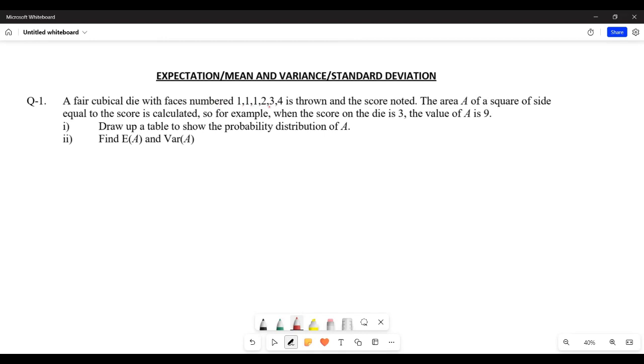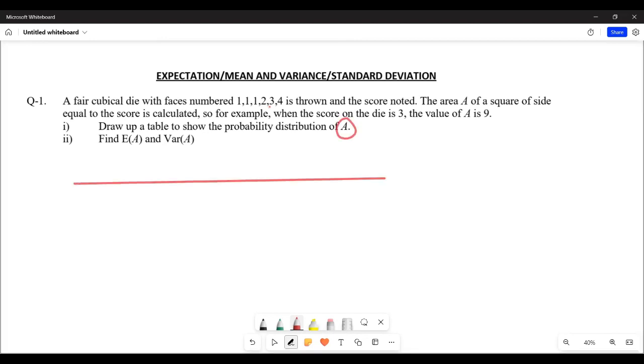The area A of a square of side equal to the score is calculated. So for example, when the score on the die is 3, the value of A is 9. So basically you're throwing a die and whatever is the top value, you square it and that's the score. Draw up a table to show the probability distribution of A.